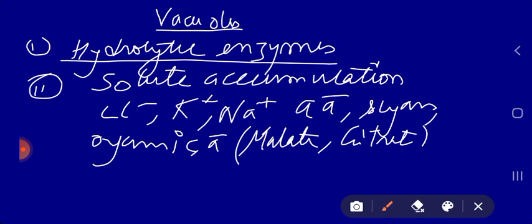Vacuole synthesizes some of these molecules also, but mostly they are imported from the cytoplasm.